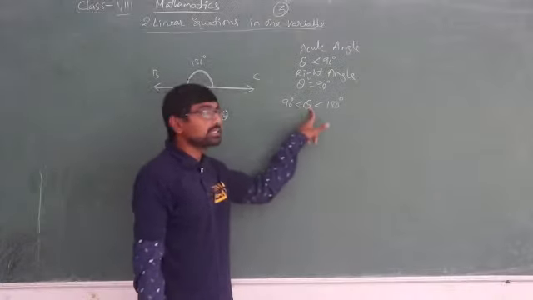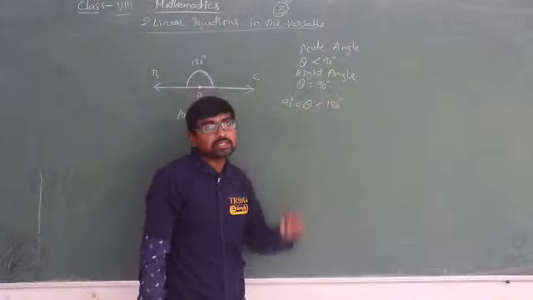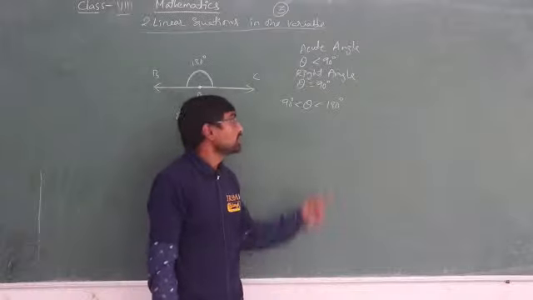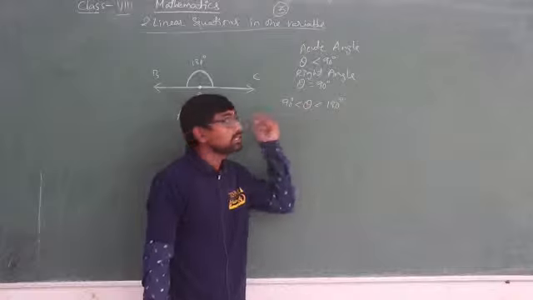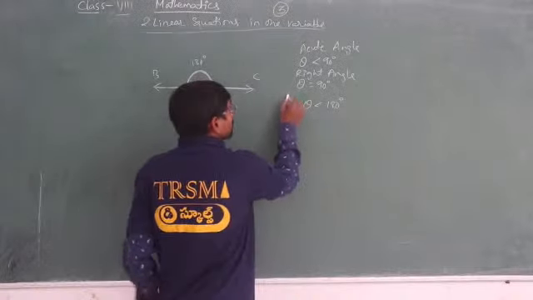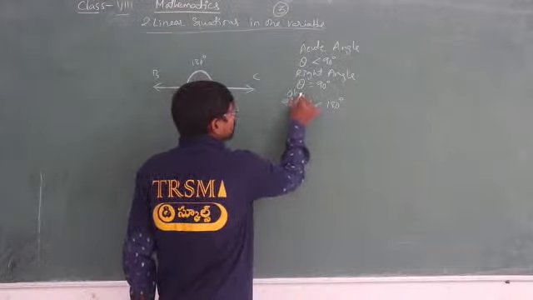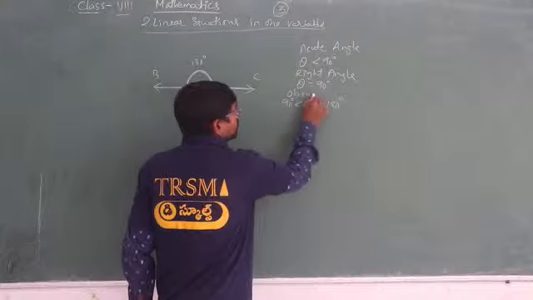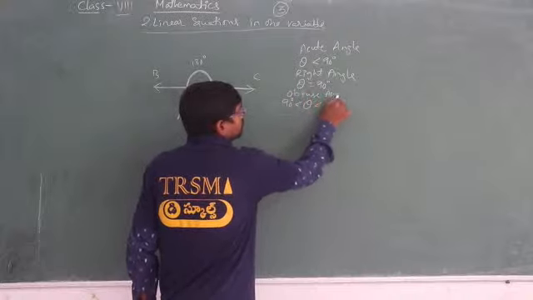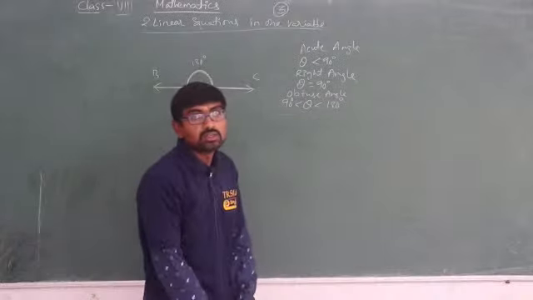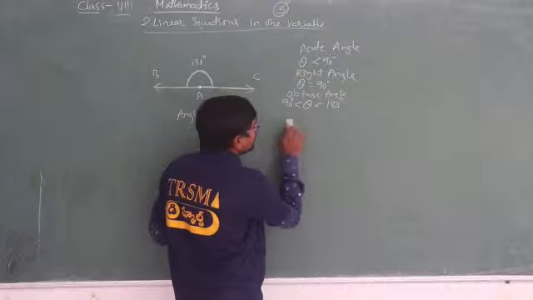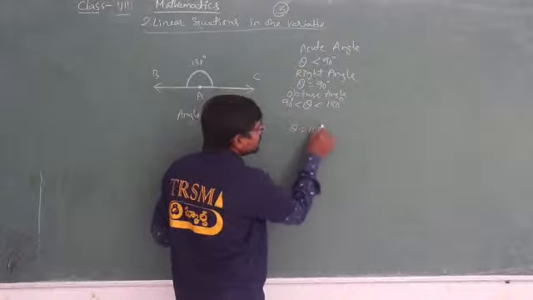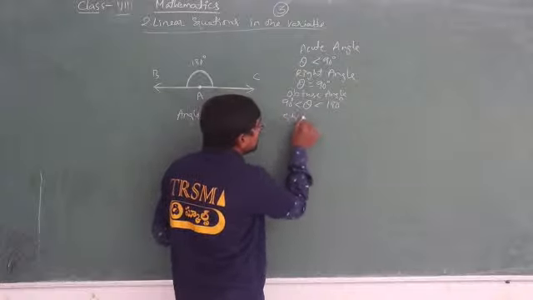Whenever the angle is greater than 90 degree and less than 180 degree, then it is called an obtuse angle. Whenever the angle is exactly 180 degree, then it is called a straight angle.